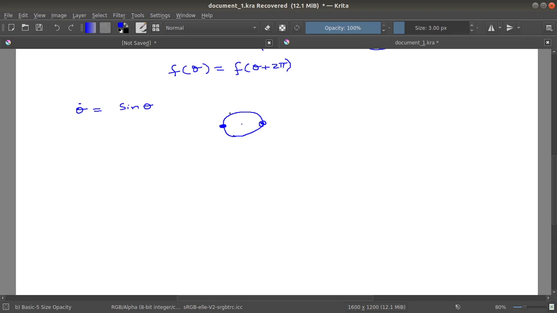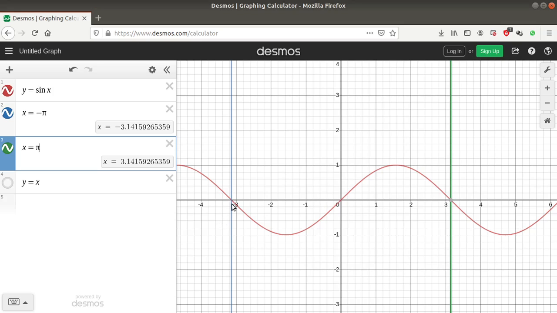So here it will go in this direction, and here it will go in this direction. So this is how we draw the phase portrait. Fine.